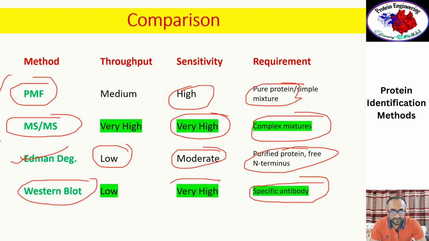Sensitivity is very high here, but again you cannot identify many proteins using Western blotting, because you need to have antibodies against all the proteins available. So in proteomics studies where you need to identify thousands of proteins in a short time, you use MS based methods, and those are peptide mass fingerprinting and tandem mass spectroscopy.